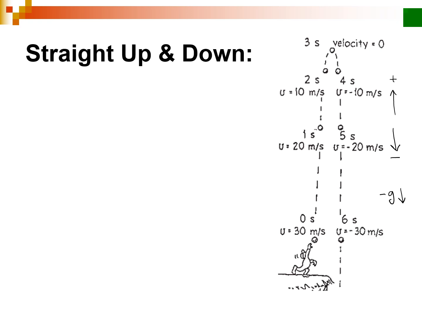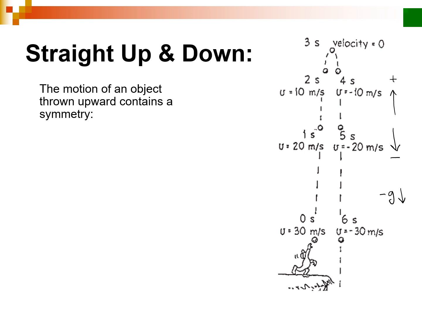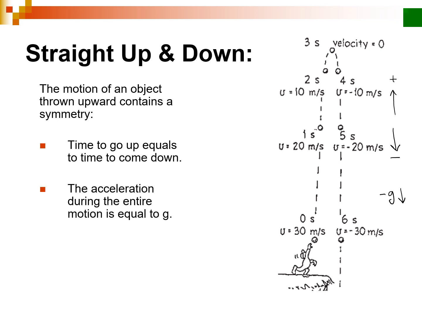Please note that the up and down motion have a certain symmetry to it, such as the time to go up equals the time to come back down, and the acceleration during the entire motion is equal to g. The direction of the g remains the same. It is always downward, no matter which direction the object is moving.